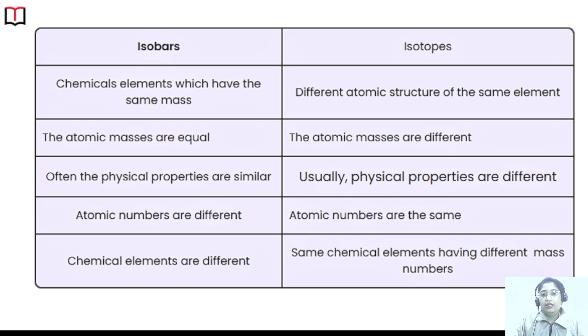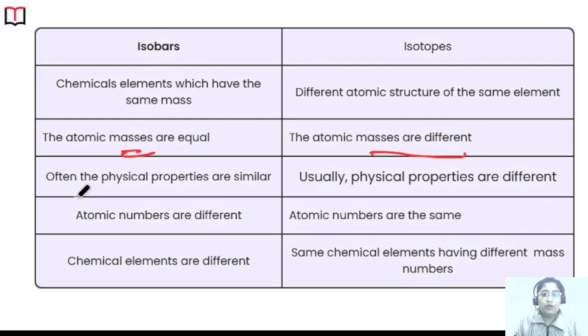Okay, now here you can see some differences between isotopes and isobars. Isobars are the chemicals which have the same mass number. Isotopes have different atomic structure and are of the same element only. In isobars the masses are equal; in isotopes masses are different.